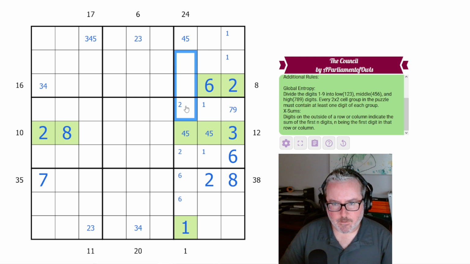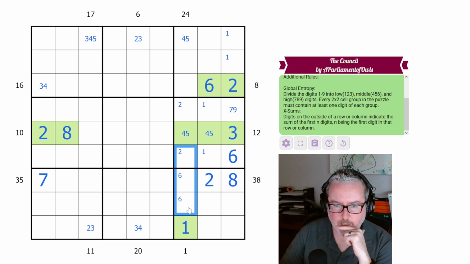So these equal 20. 3 cells that equal 20. I think there's multiple ways that works. If it's a 5, it encapsulates all of this. And these 3 cells have to equal 20.